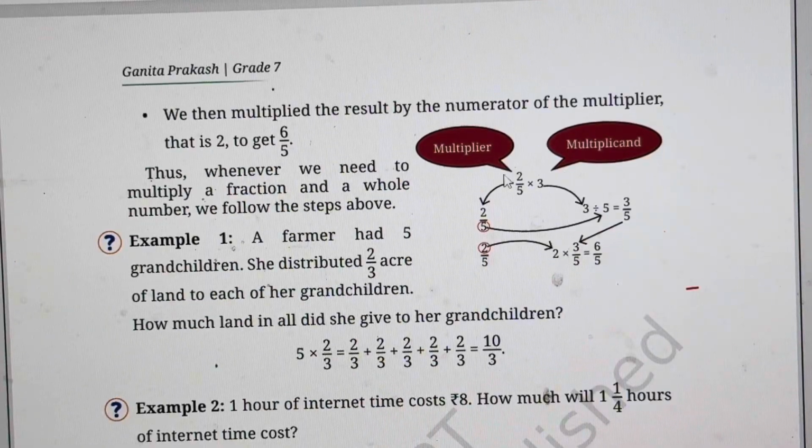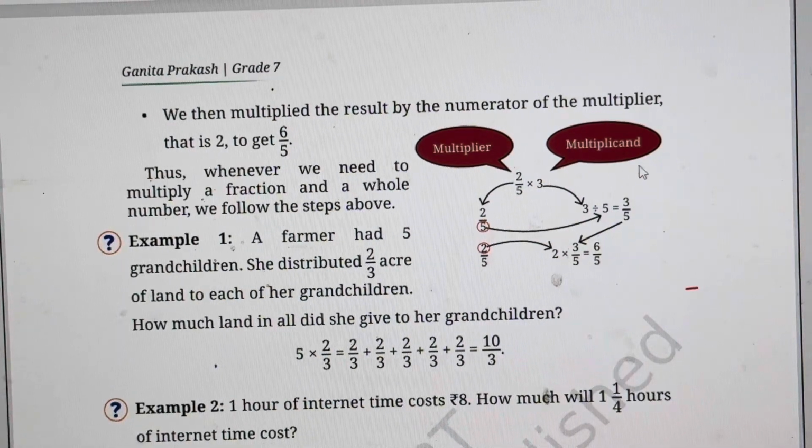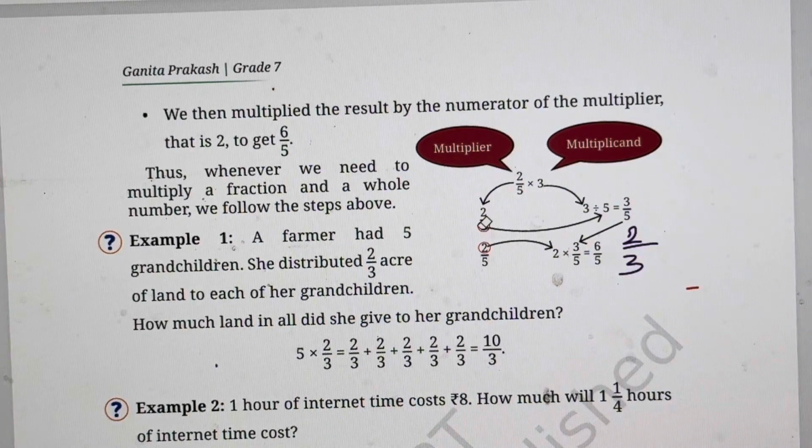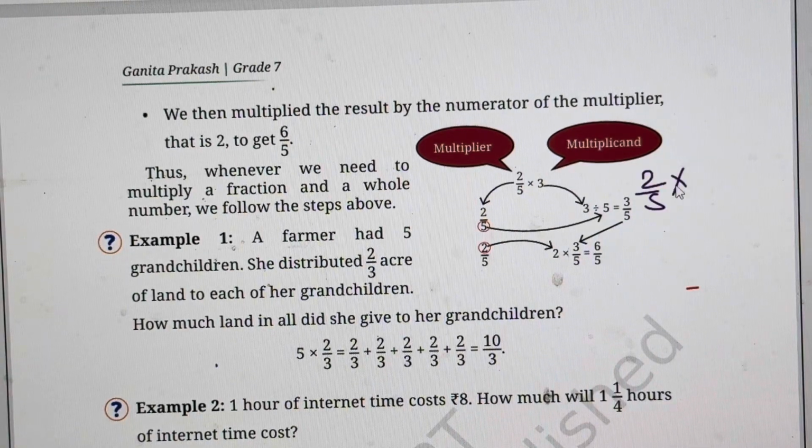So if you are getting confused with this multiplication method, why is this being shifted here, why is 3 divided by 5 and all, don't worry. In both cases the answer remains the same. If you write 2 upon 5 into 3, then also 2 3s are 6 upon 5, you'll get the same answer.